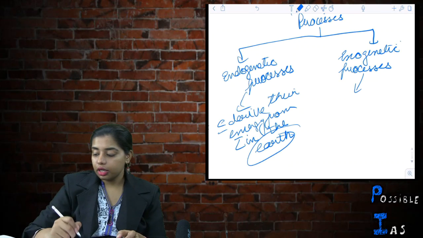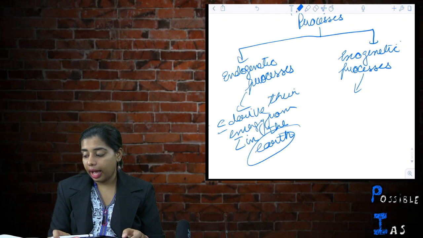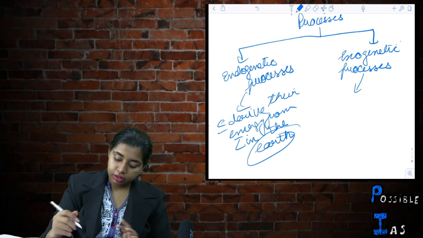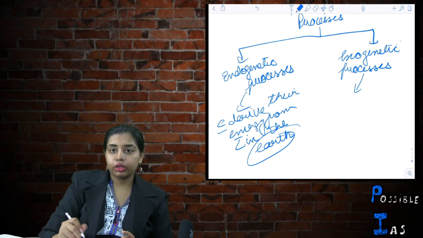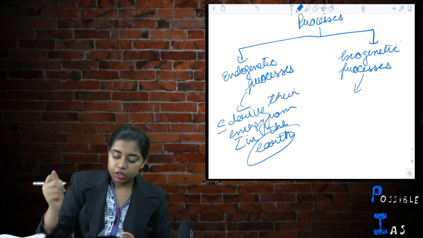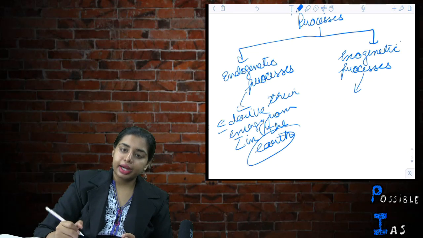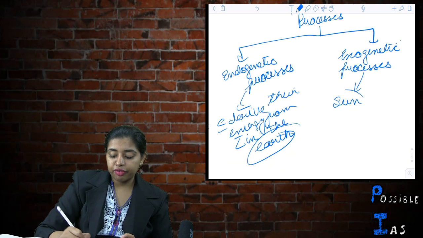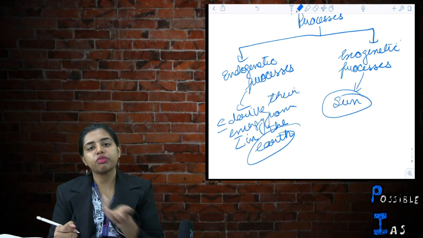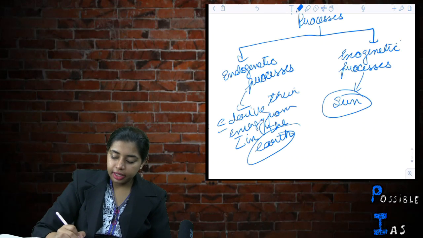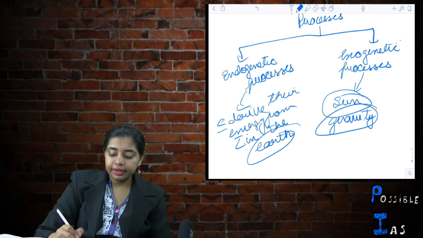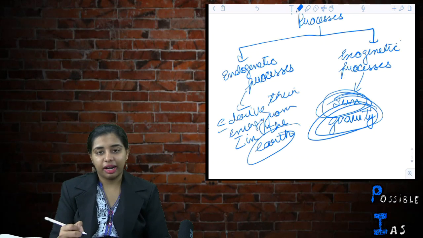Exogenetic processes are the ones which happen because of the agents outside on the surface of the earth. So what will be the energy behind these? Every energy on the outer surface comes from where? Sun. And the second thing, which is less important, is gravity. So they derive their energy from either sun or gravity.